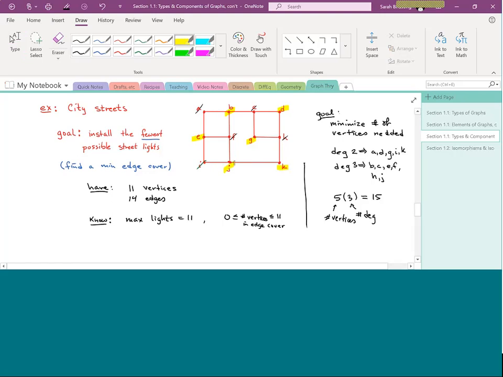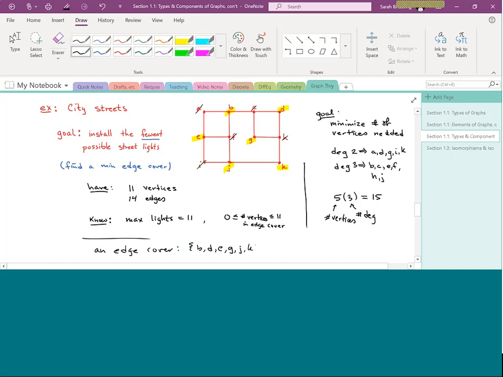Now, count up how many vertices we just used right there. How many vertices did we highlight to put into our edge cover? And what was our hypothesis at the beginning?